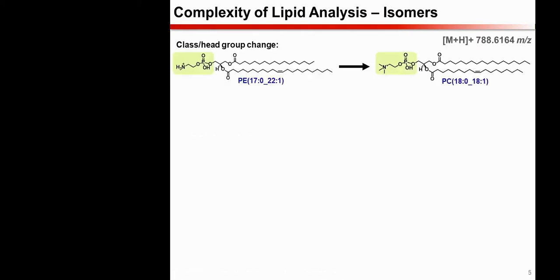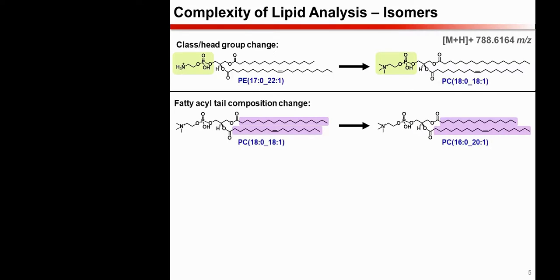And so one of the most challenging aspects of lipid analysis is the complexity of the data, which is due to lipid isomers. And so here we have 2 lipids from different classes. One is from PE and the other one is PC. And these have different fatty acyl compositions, different head groups, but they end up with the same m/z value with that [M+H]+.